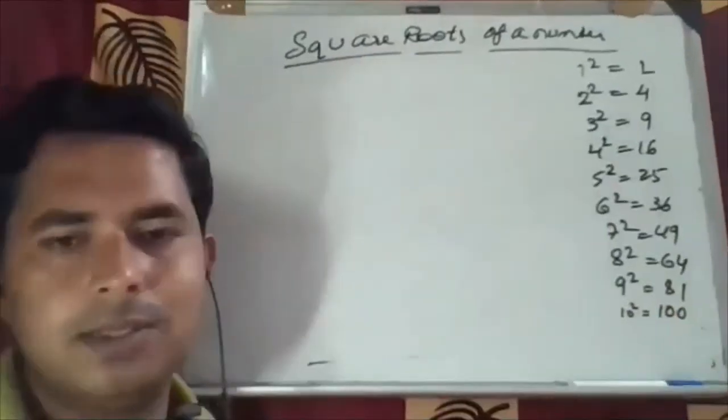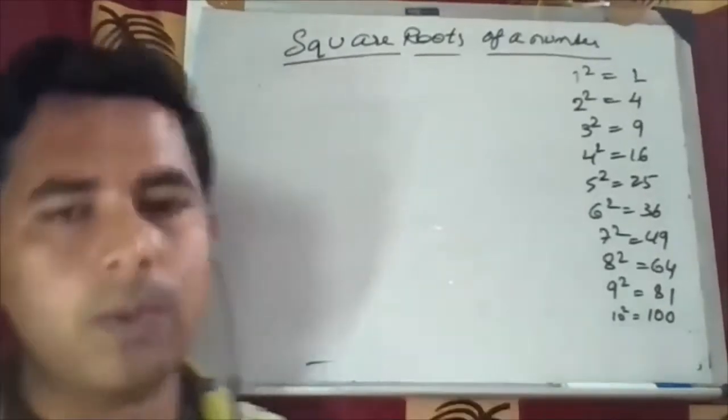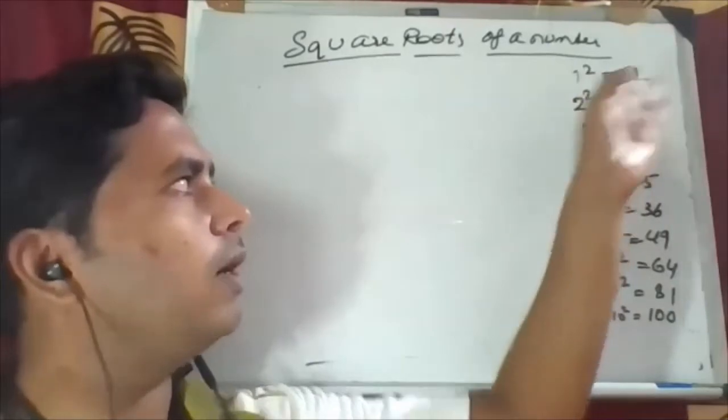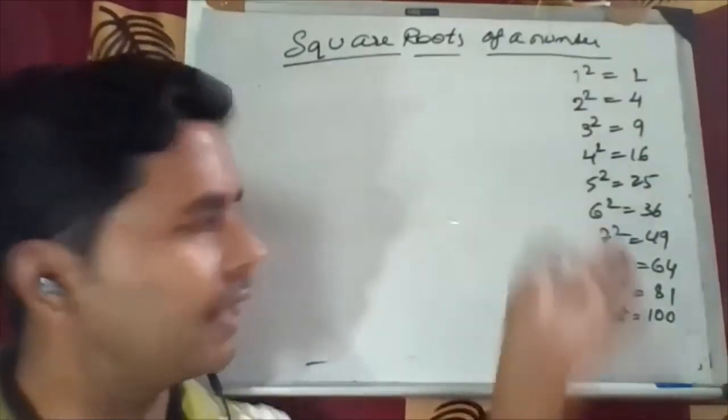At least 1 to 10, you should keep the square values in mind.